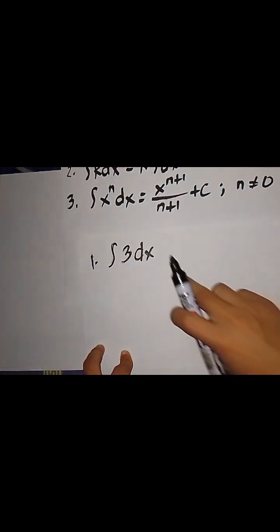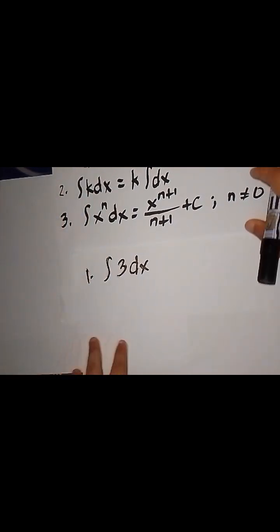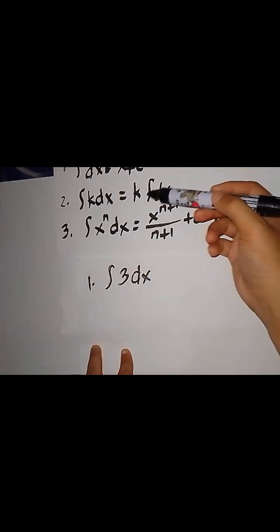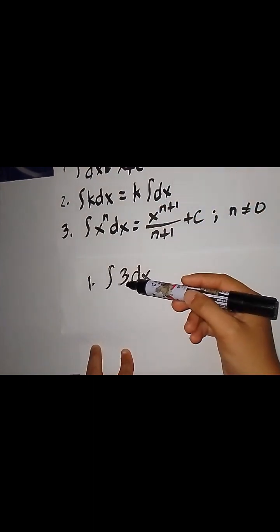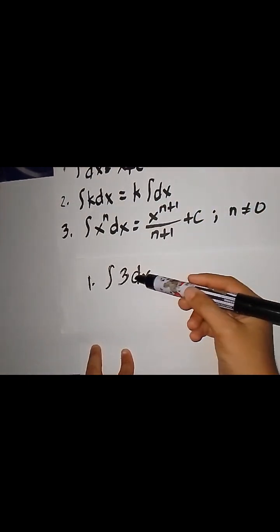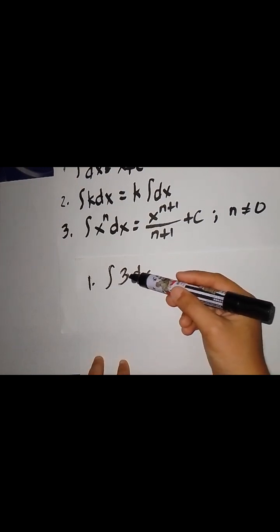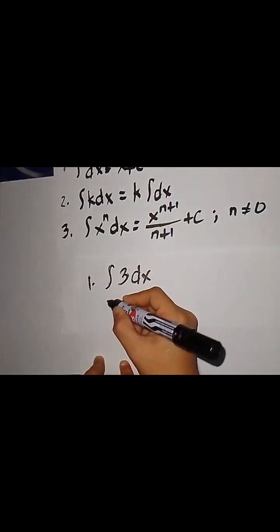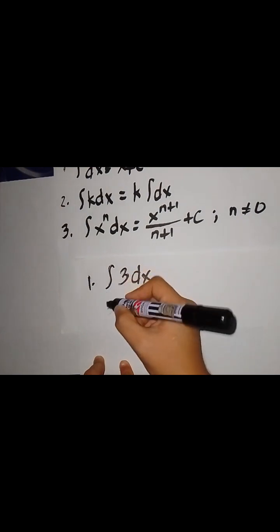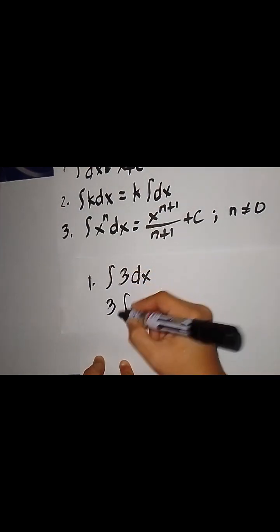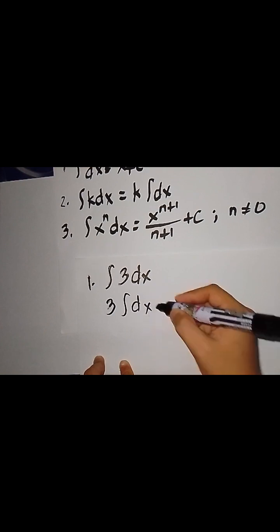Since this problem is the same as the second property, which is k dx, the form for this one is 3 times the integral of dx, right?